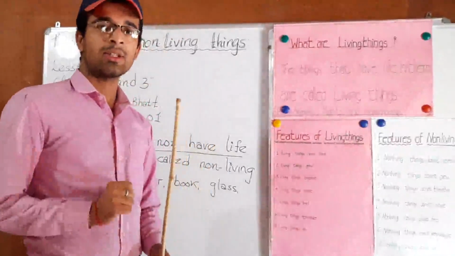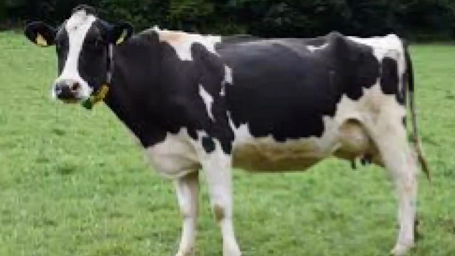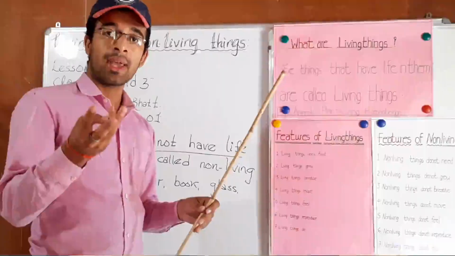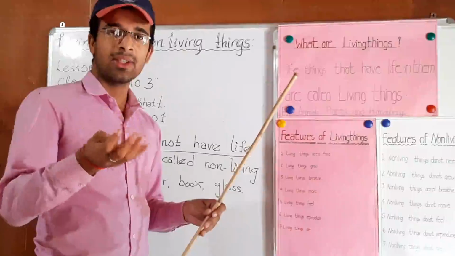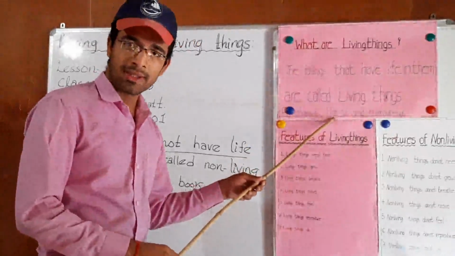Okay. Some examples of living things. Animals, like a cow, dog, buffalo, cat, rat. These are examples of animals. Next, plants.